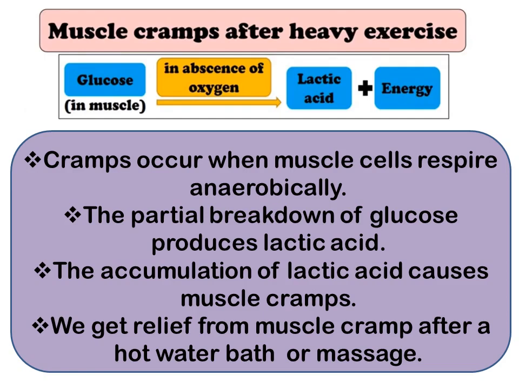Cramps occur when muscle cells respire anaerobically and the partial breakdown of glucose produces lactic acid. As you have already seen, after heavy exercise, glucose in muscles, in the absence of oxygen, is broken down into lactic acid and energy, and when this lactic acid accumulates in our muscles, it causes muscle cramps.